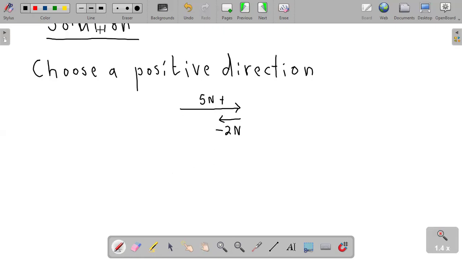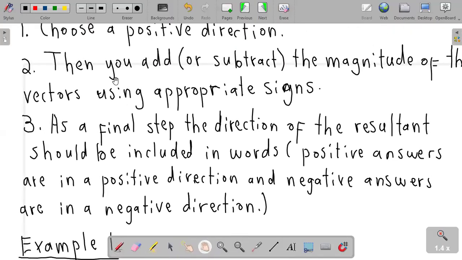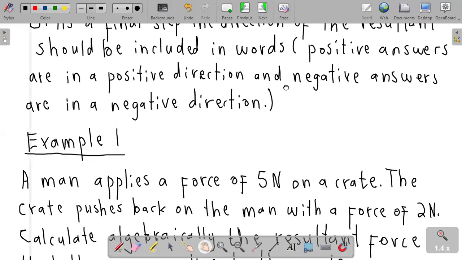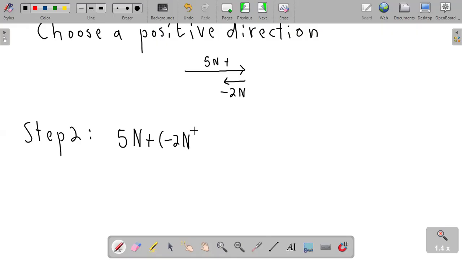And the next thing that we do, the second step, is you add or subtract the magnitude of the vectors using appropriate signs. So for step 2, we're going to say 5 newtons plus negative 2 newtons.